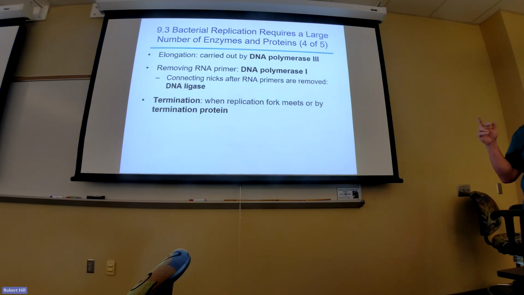Both of these enzymes can also degrade and pull off nucleotides. So they have nuclease activity, either 5' to 3' or 3' to 5' exonuclease. These are exonucleases, so they're getting the nucleotides that are on the end.